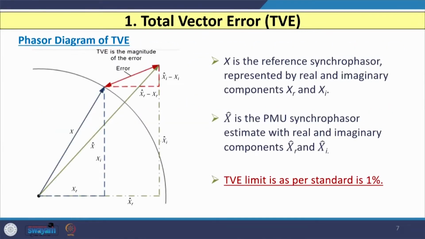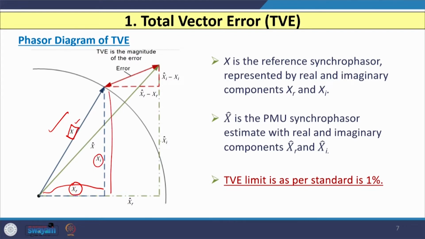If we understand the total vector error with reference to the phasor diagram, then you can see that I have shown one phasor diagram here, where x is nothing but the reference synchrophasor, represented by real and imaginary parts. Its real part is xr, and its imaginary part is xi. So, this is the reference value.